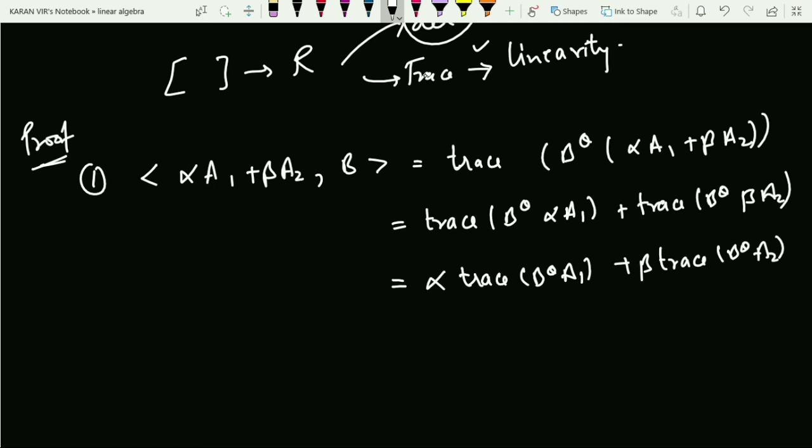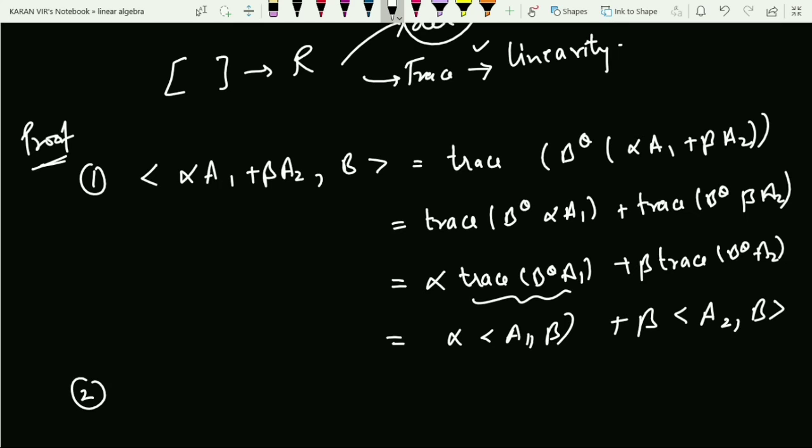If the properties of trace are not clear, you can watch my previous video lectures, where I have explained the properties of trace in detail. Now this is nothing but the definition of IPS: alpha times the inner product of A1 comma B, and similarly beta times the inner product of A2 comma B. So the first property gets satisfied.